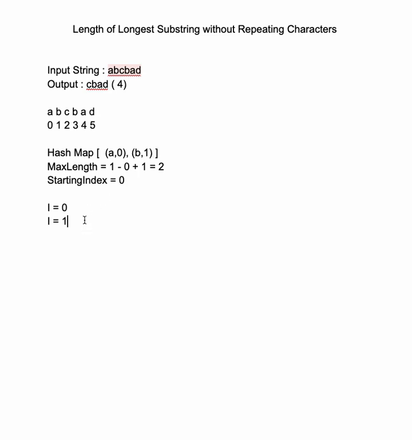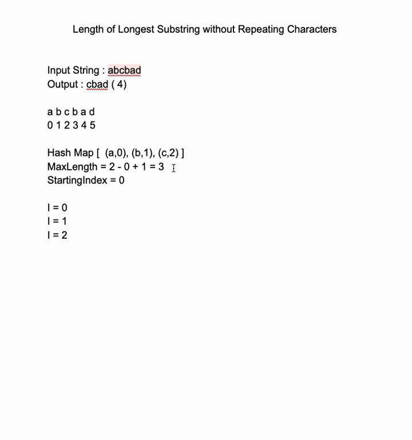Now at I equal to 2, the character C is not within the hash map, so we will update the max length. So it is 2 minus 0 plus 1, which is equal to 3, and we'll update the hash map, which is C comma 2.